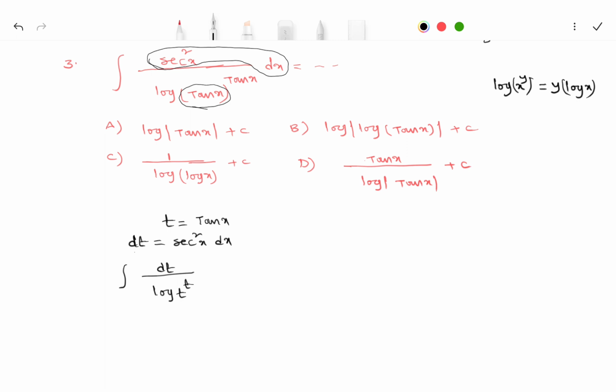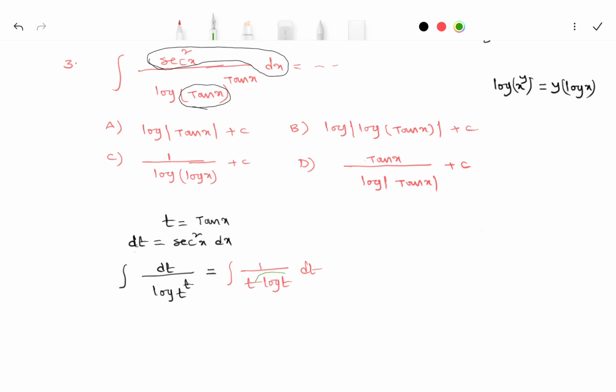By using this, the value will be the integration of 1 by t into log t, into dt. So the above two problems needed only one substitution, but this one is a different question.